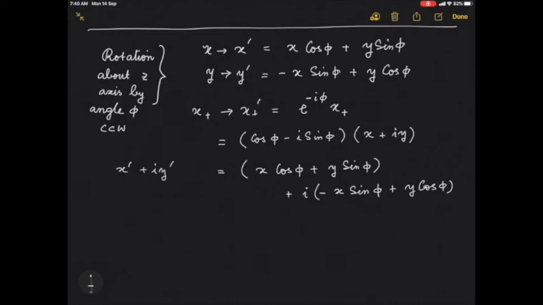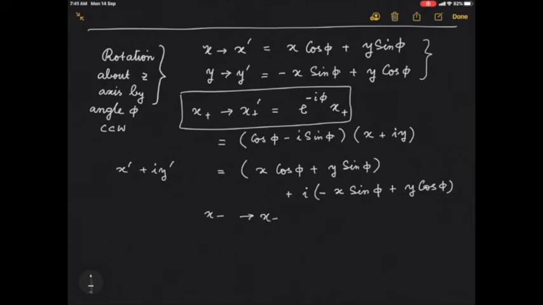Remember, the left hand side is x prime plus iy prime. So if you compare the real and the imaginary parts on the right hand and the left hand side, you get back this. So this is a very nice looking way of writing down the transformation from x plus to x plus prime. You can check now that x minus will go to x minus prime in the following way.